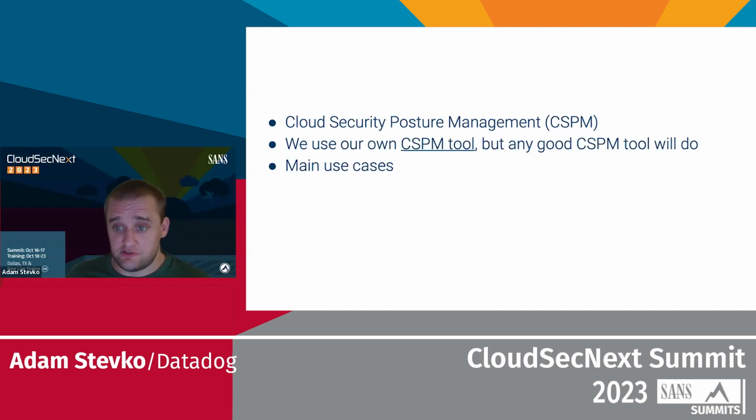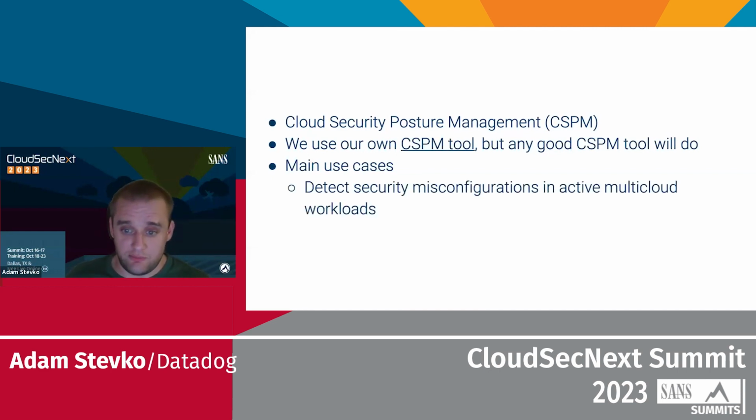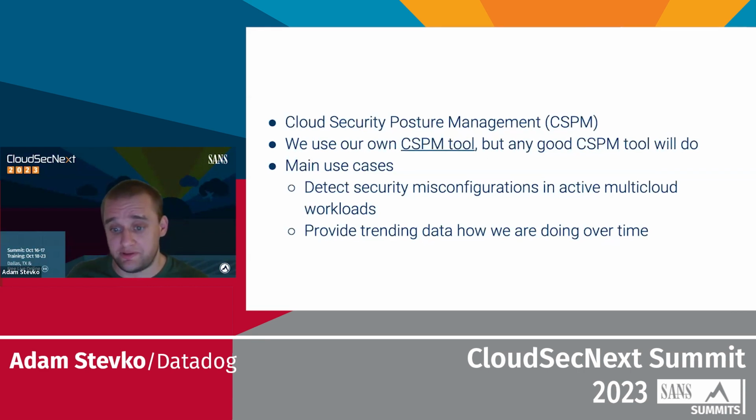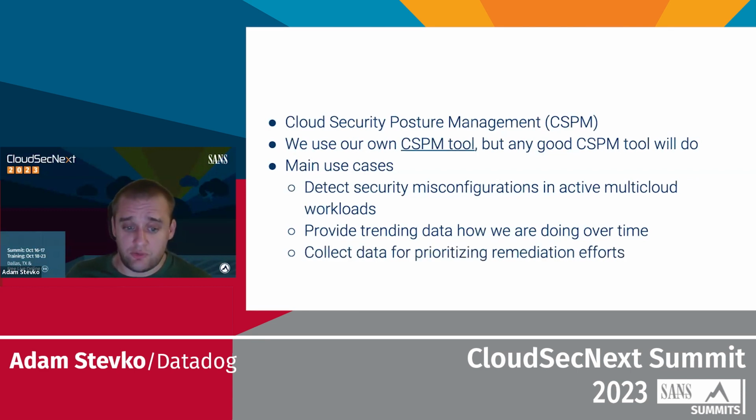The main use cases when we were choosing which tool to use were the ability to scan misconfigurations in a multi-cloud environment, to provide trending, and to see how we are doing over time. This is especially important when we are trying to measure the performance or benchmark the remediation process. And we are also collecting data.